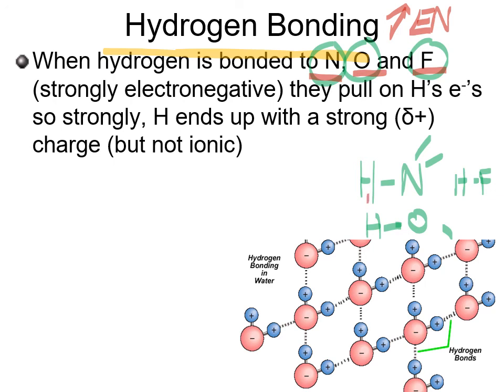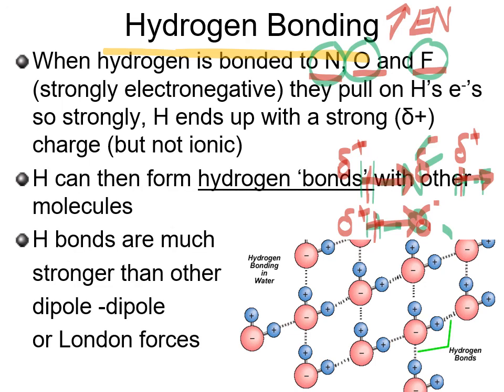So essentially, we get a big dipole with each one of these, in that if the partner is nitrogen, oxygen, or fluorine, that partner is going to hog the electrons and leave hydrogen with quite a positive charge, and leave the nitrogen, oxygen, or fluorine with quite a negative charge. This sets up a large dipole in each of these cases. So hydrogen can form these special hydrogen bonds when you've got these strong dipoles.